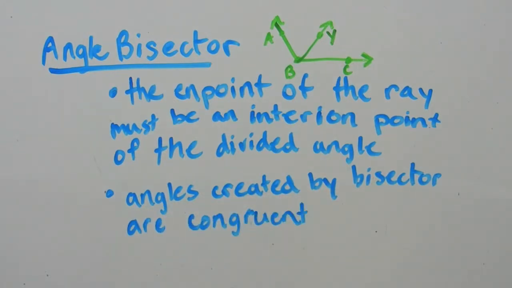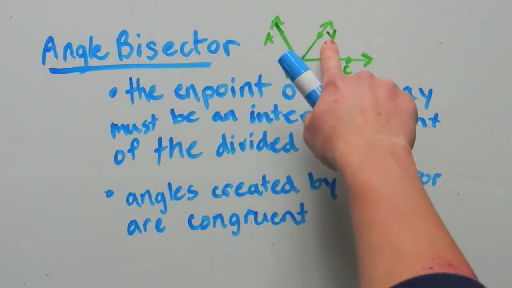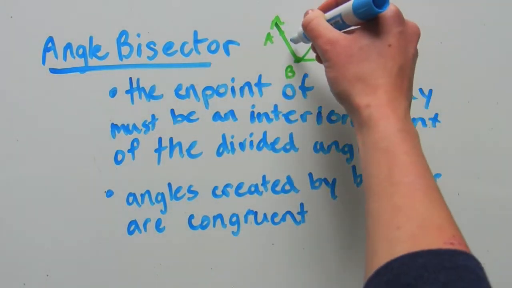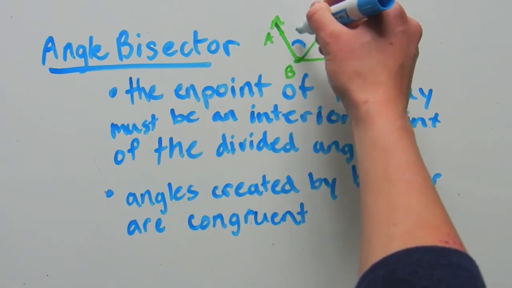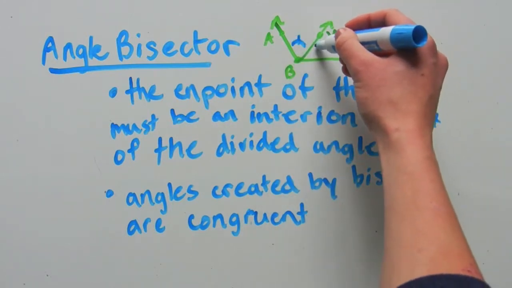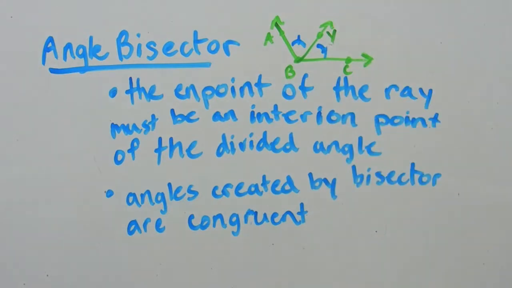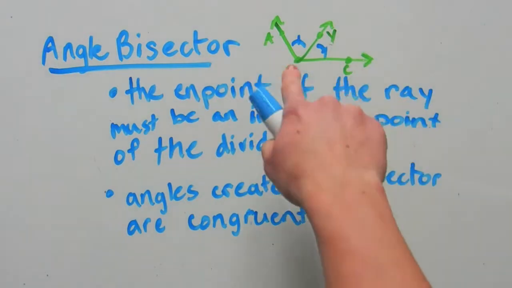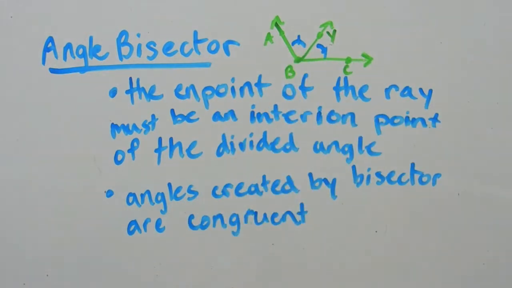And two, the angles created by the bisector are congruent. So if BY is our angle bisector, then ABY needs to be congruent to YBC. Let's take this example and blow it up so you can see the measurements.